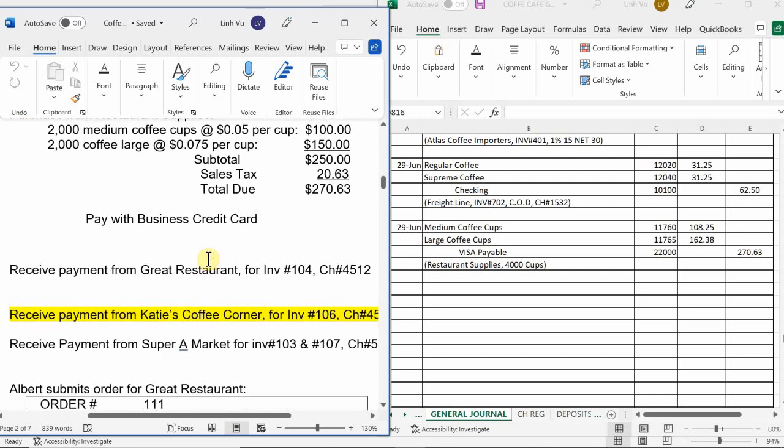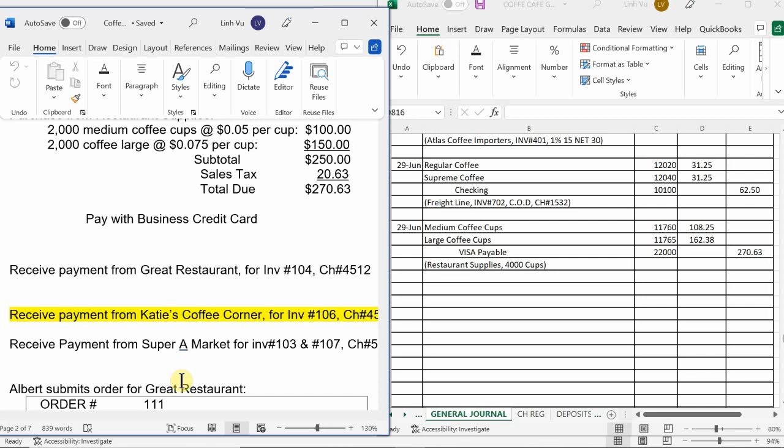Okay. So then we end up receiving a payment from the Great Restaurant for invoice number 104 using check number 454512.